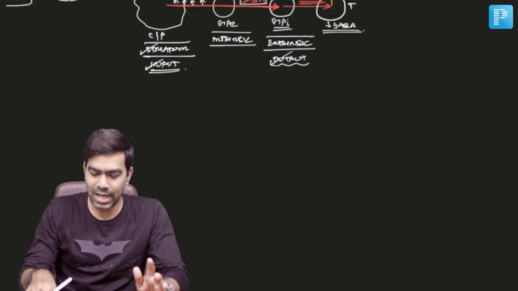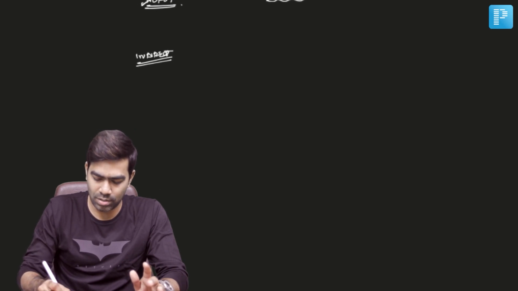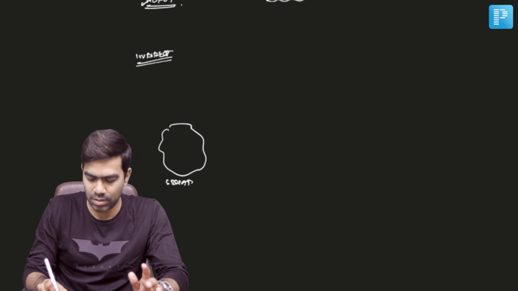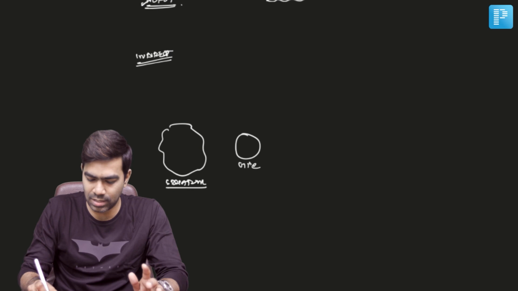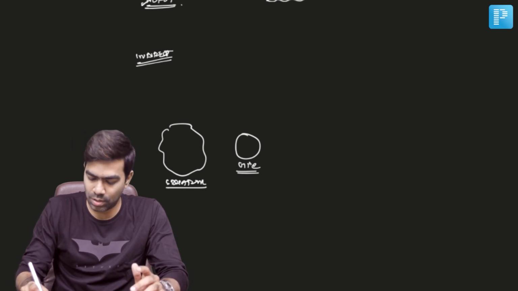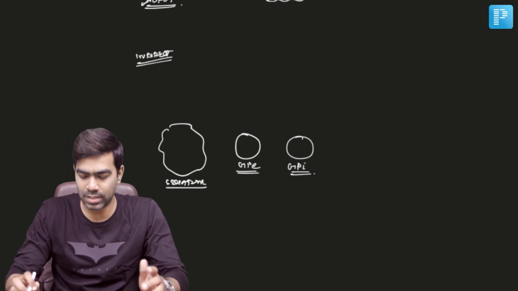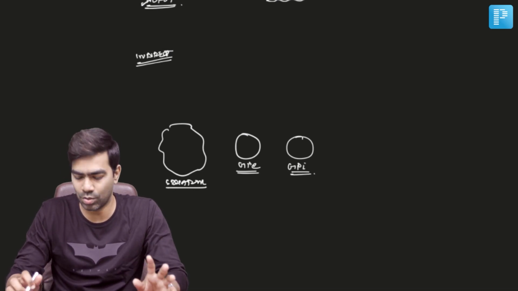And what about the indirect pathway? So once again, let us draw the structures. You're going to have the striatum, which is the input nucleus, and we have the globus pallidus externus, which is the intrinsic nucleus of the basal ganglia, and we have the globus pallidus internus, which is the extrinsic nucleus of the basal ganglia, which is also going to be the output nucleus.